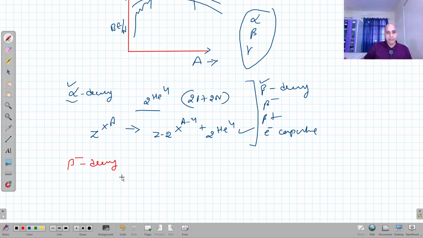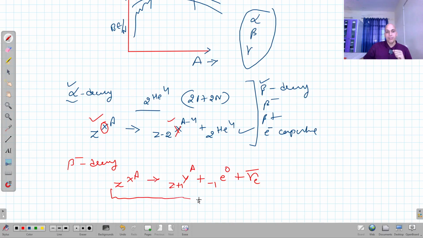So in beta negative decay, if I have ZXA, then it will give me Z plus 1 Y A, because this element is now changed into another one. This is the parent nucleus, this is the daughter nucleus, plus minus 1 E 0 plus the anti-neutrino associated with the electron. So this is the beta negative decay.